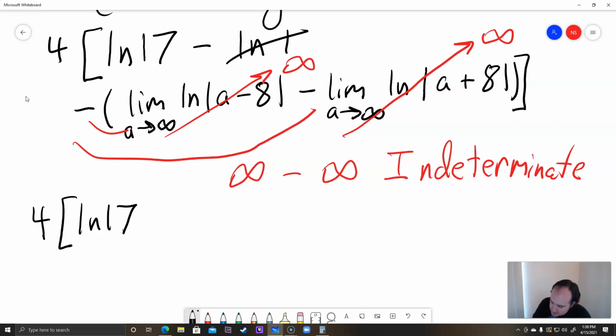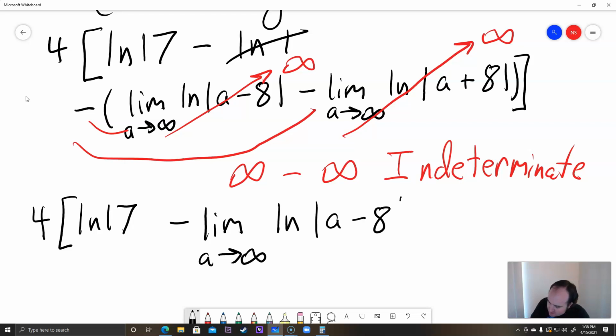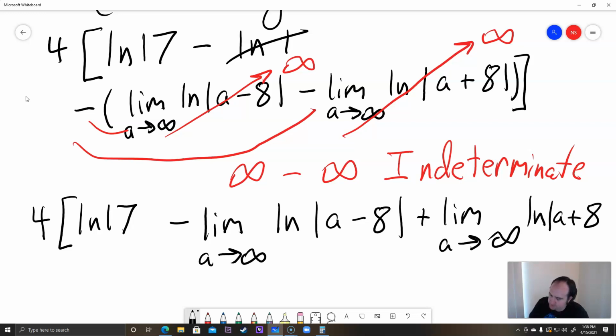So we distribute the minus, and we get a negative limit as a goes to infinity of ln of absolute value of a minus 8 plus limit as a goes to infinity of ln of absolute value of a plus 8.